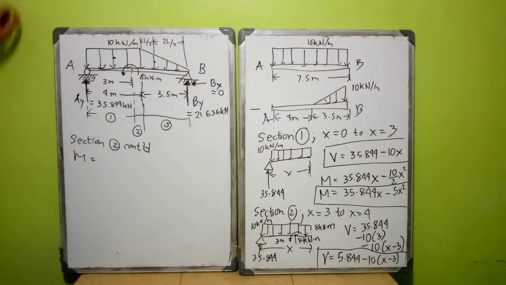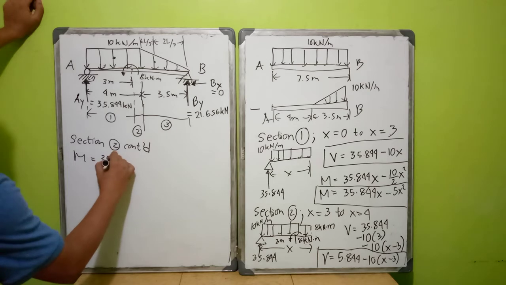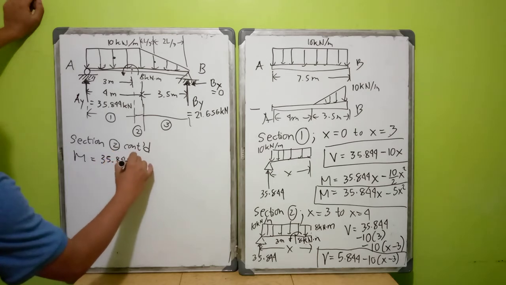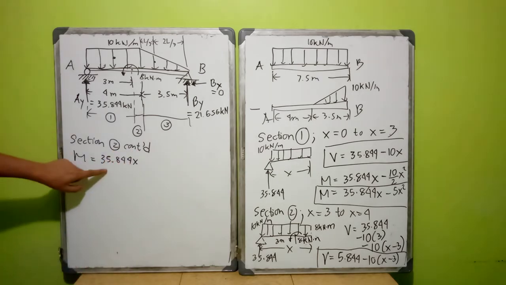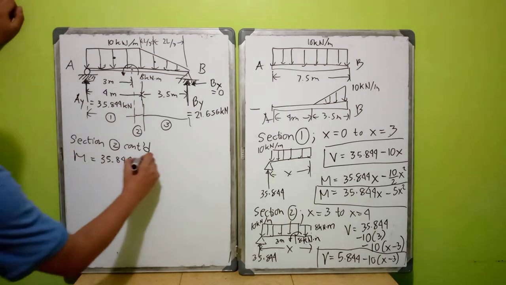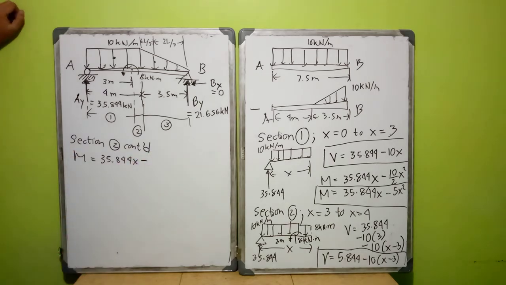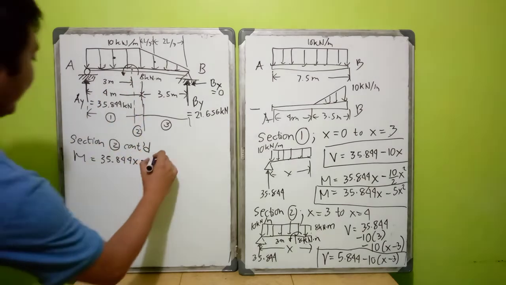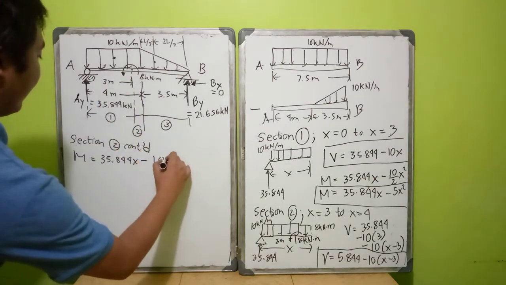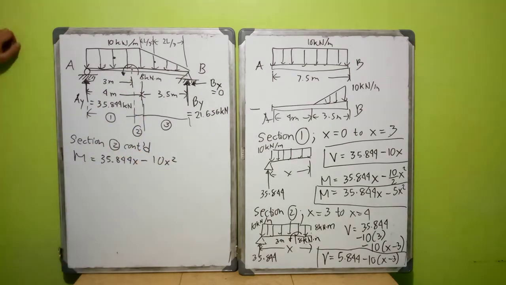So we have 35.844 x minus, since it is continuous, we have negative 10 x.